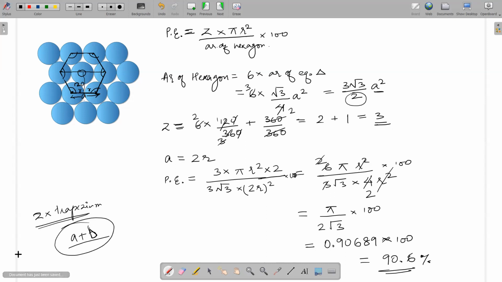Then only you can put it in terms of a. It will not be 2r. So we know A and we know B, but we don't know H. If you don't know h, you cannot find the area, na.